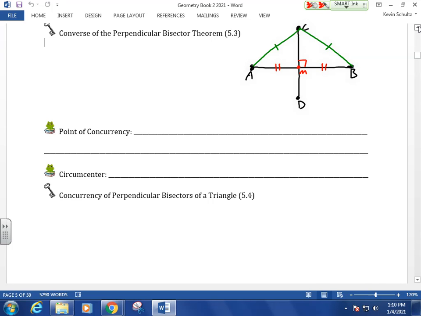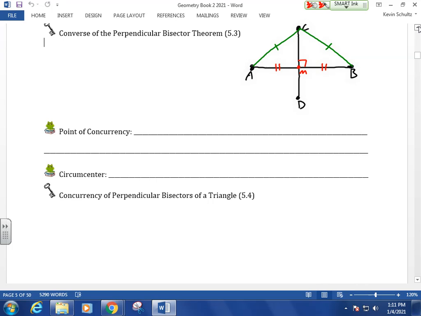Okay, so it works both ways. In the first one, in green, was the perpendicular bisector with the midpoint and the right angle labeled. In red was that any point on the segment is going to be equidistant from the endpoints of segment AB. In Theorem 5.3, it's just the opposite.